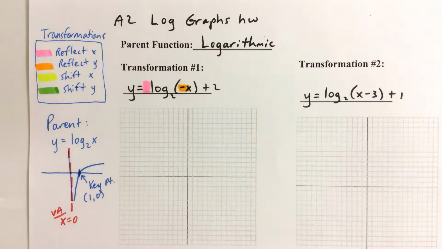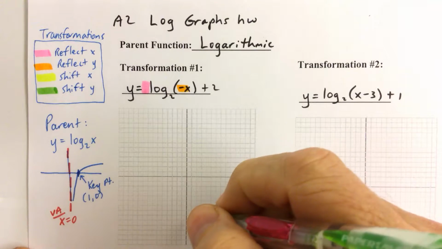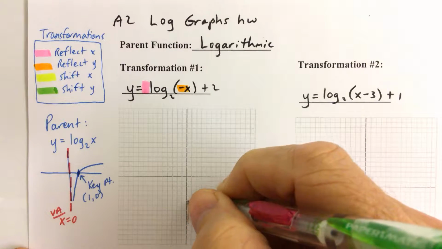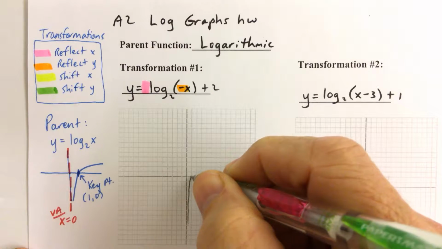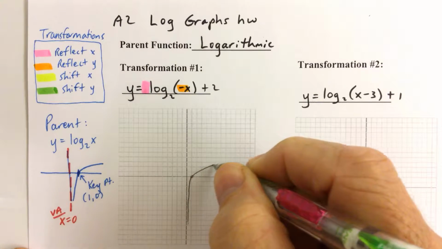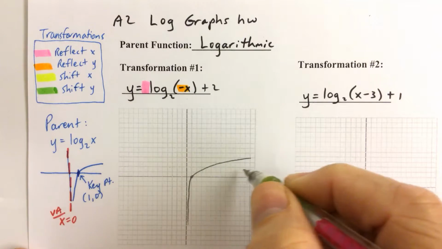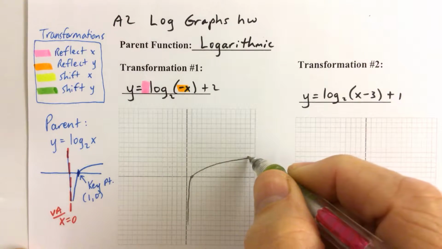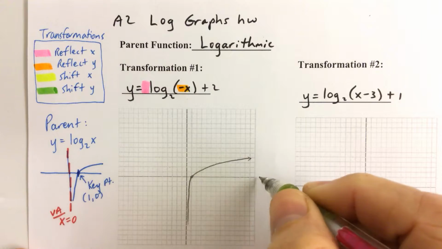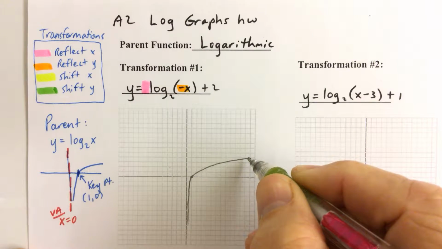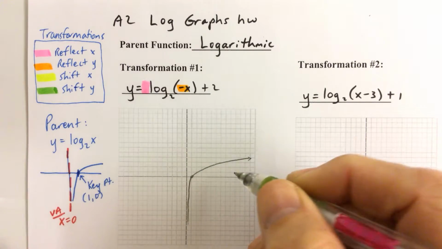So the original parent function, I'll draw this in pencil, goes through (1, 0), and it comes around and it curves out like that, hugging the x-axis over here to the right. As x gets bigger, the y values don't get bigger that fast, so the graph has a shape like that.